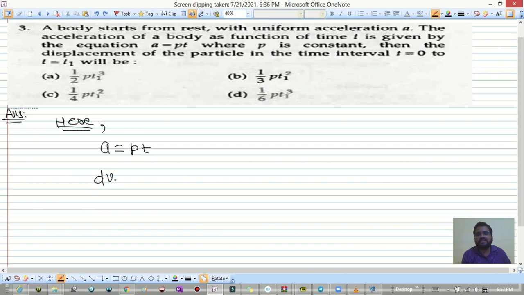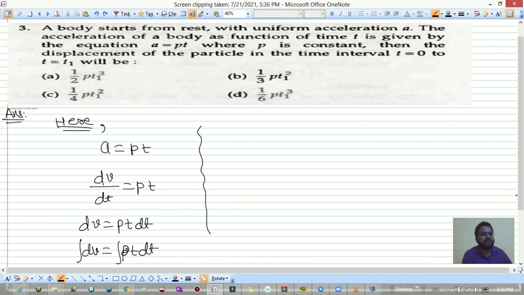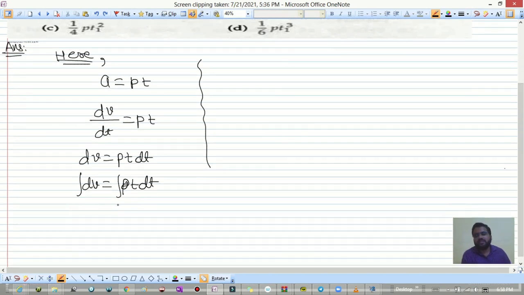We know that acceleration is dv by dt, and that is equal to p into t, that is the rate of change of velocity. So over here dv is equal to pt into dt. Now if you integrate this, you will get the integral of dv is equal to the integral of pt dt. At time t is equal to 0, velocity is 0.